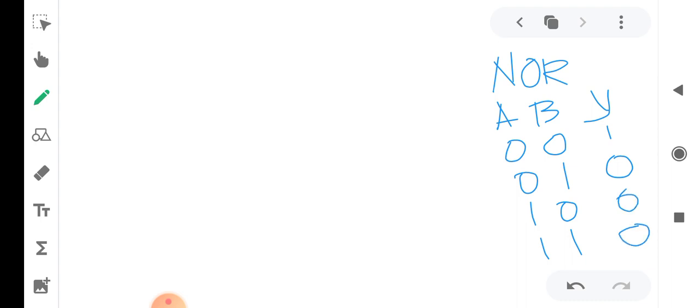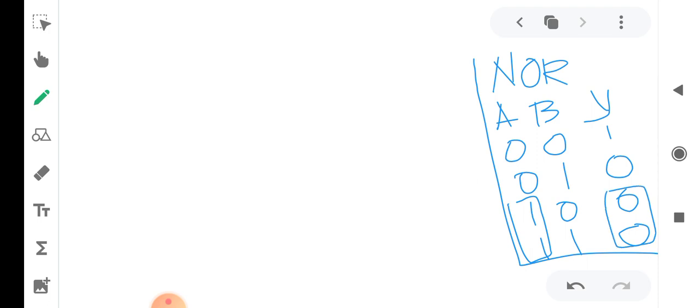So this is the truth table of the NOR gate. If any one of the inputs is high, the output will be 0. Only when both inputs are low is the output high.